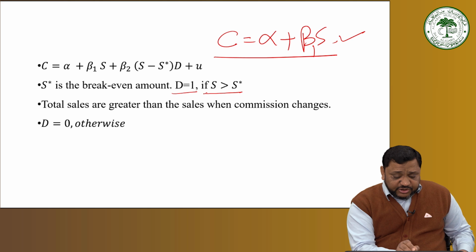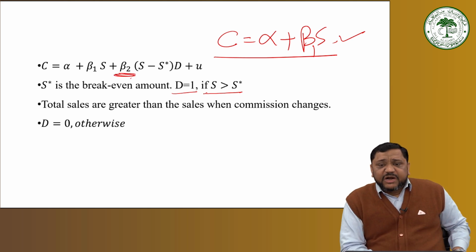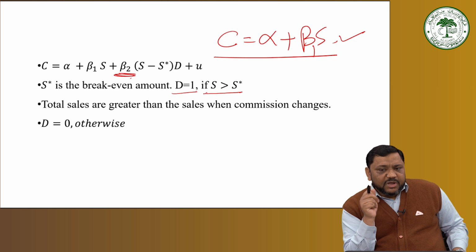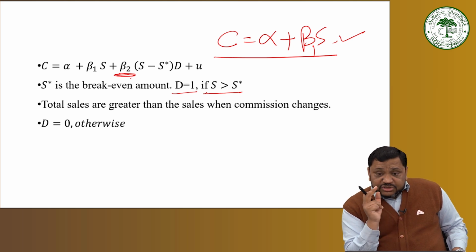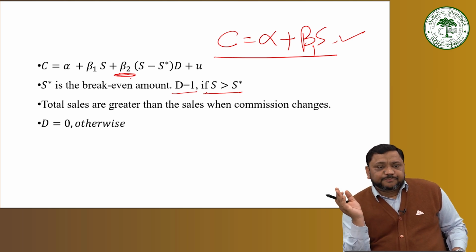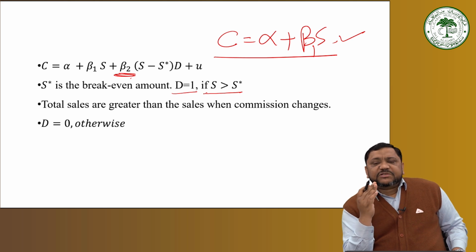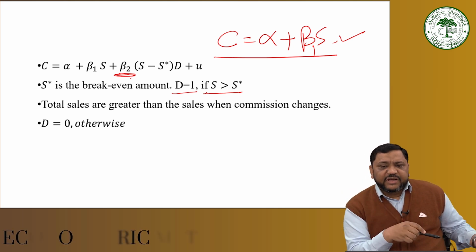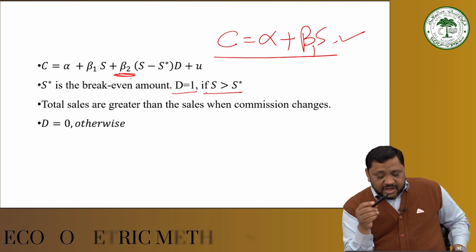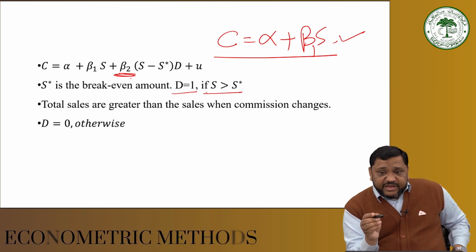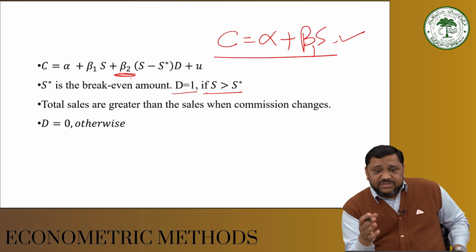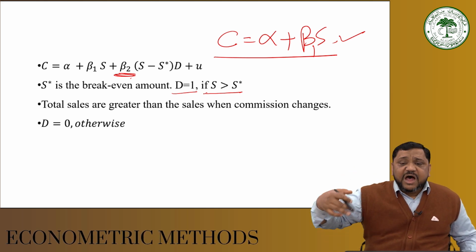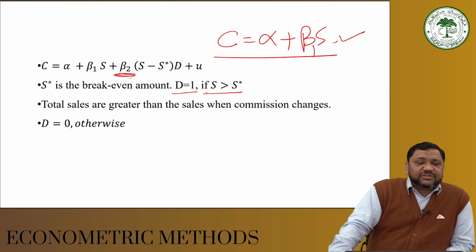But in this equation, when you have incorporated beta 2, it gives the impact of sales on the commission. Beta 2 shows how it will vary. Whereas beta 1 will give the overall slope before S asterisk, beta 2 will give you what happens when you have reached a particular S asterisk, a particular level of sales, after which there is a change in the commission.